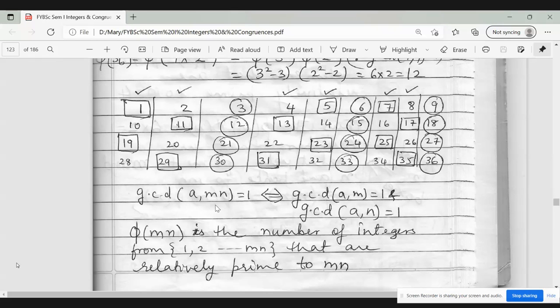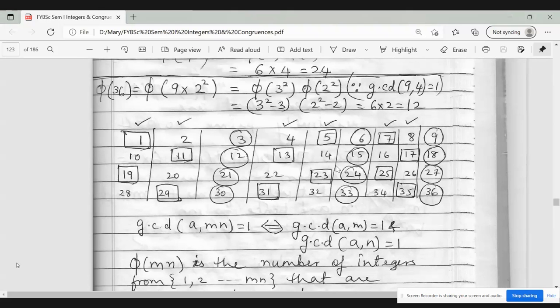GCD of A with MN will be 1 if and only if GCD of A with M is 1 and GCD of A with N is 1. Now in this column, I should look at the numbers whose GCD with N is 1. What is N?